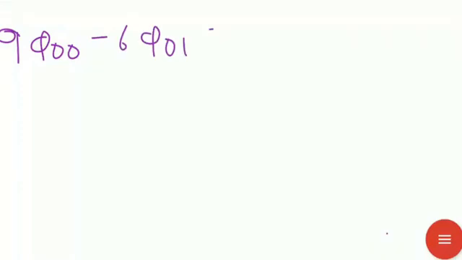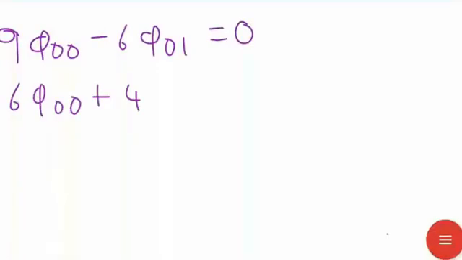Now multiplying these two, 9 phi naught naught minus 6 phi naught 1 is equal to 0. Another one, minus 6 phi naught naught plus 4 phi naught 1 is equal to 0.